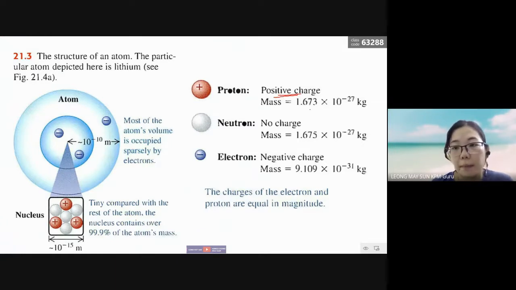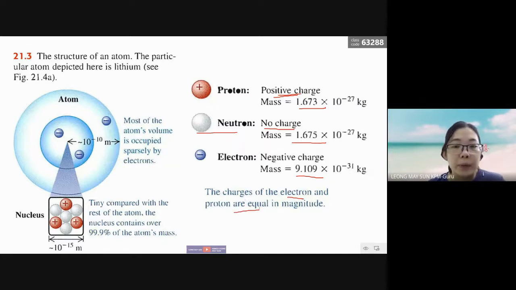The mass of a proton is 1.673 times 10 to the power of negative 27 kg. A neutron has no charge, is neutral, and the mass is actually 1.675 times 10 to the power of negative 27 kg. Electrons are negatively charged with a mass of 9.11, two decimal places in SPM, times 10 to the power of negative 31 kg.